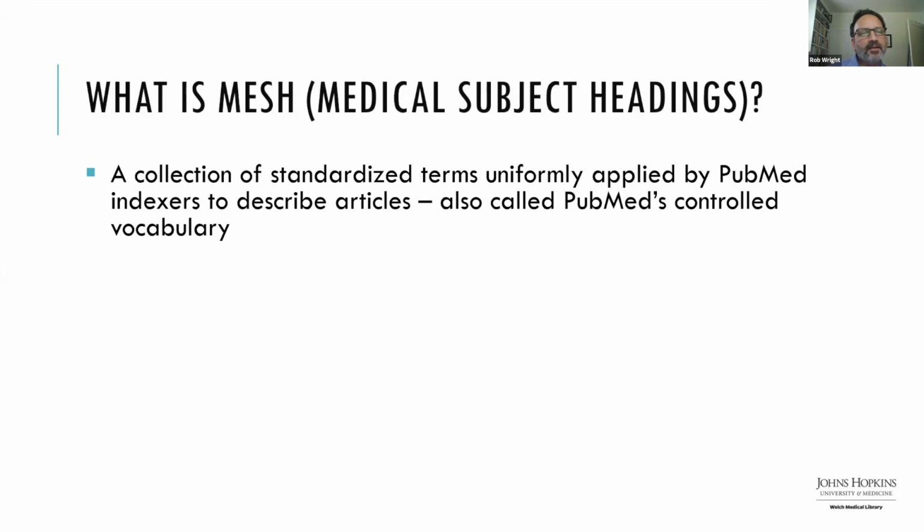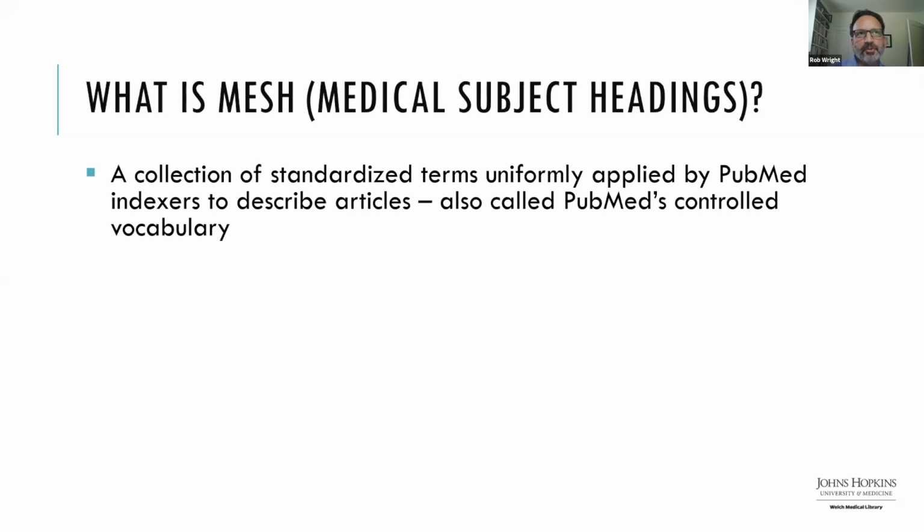They're standardized in nature and uniformly applied by PubMed indexers. So there is a cadre of subject matter experts at the National Library of Medicine who are looking at all the articles that come into PubMed and using this code book of the Medical Subject Headings to describe the main ideas in the papers.